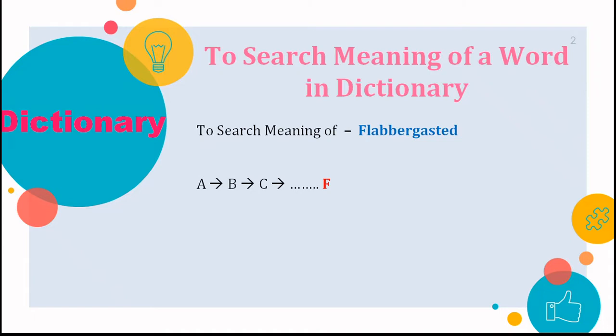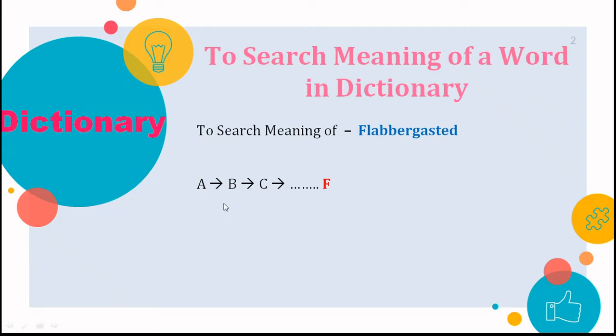If I have to search the meaning of this particular word, in the dictionary all the words are arranged in alphabetical order. First you have all the words starting with A, then the words starting with B, then C, and similarly ending with all the words starting with Z, right?